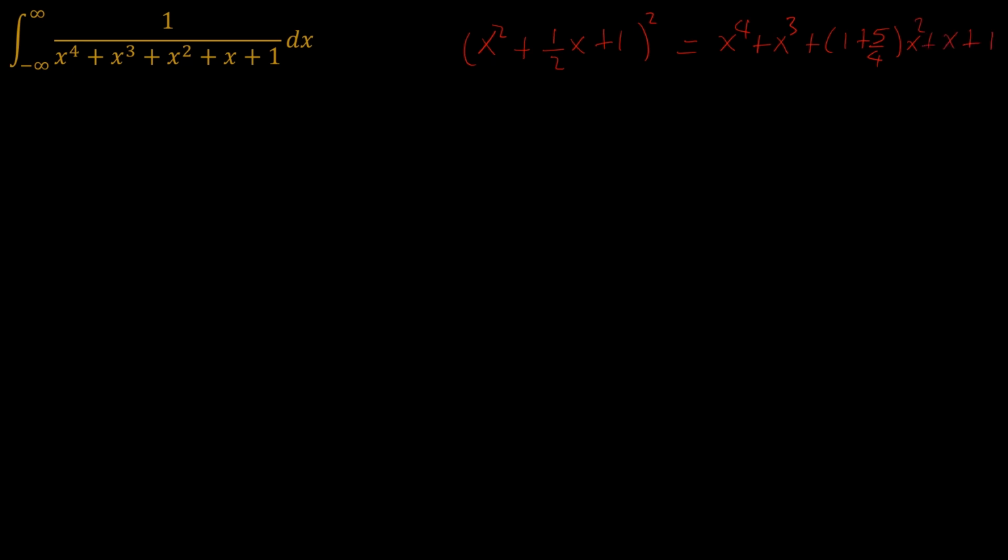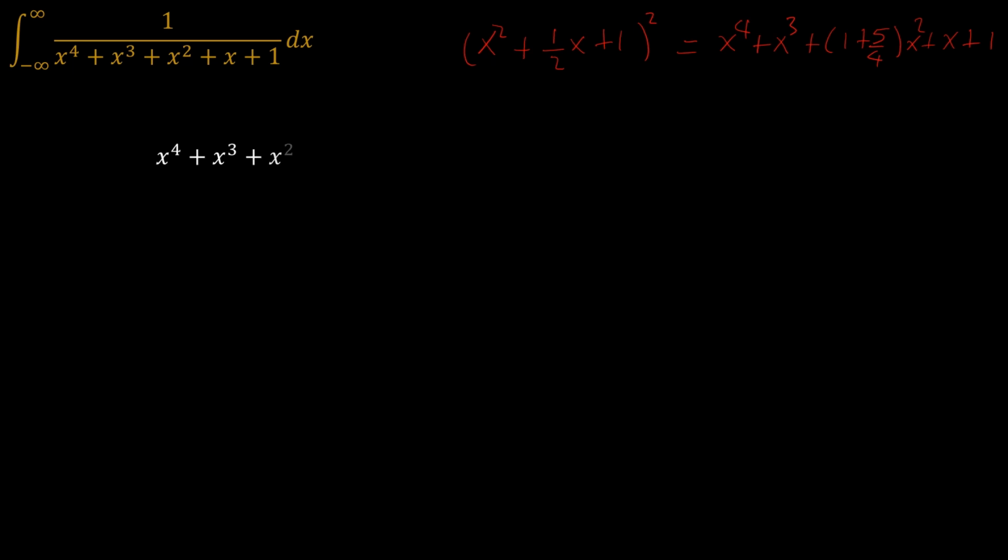And so x to the power 4 plus x cubed plus x squared plus x plus 1 is the same as (x squared plus a half x plus 1) squared minus 5 over 4 x squared.